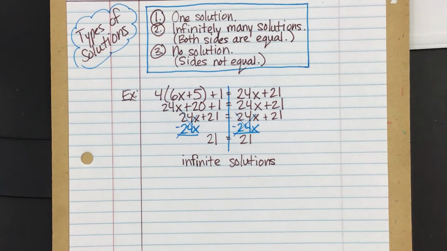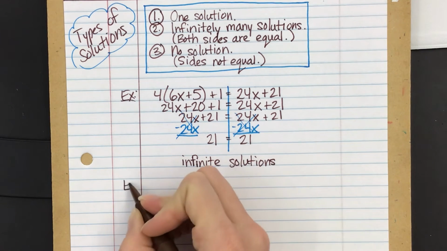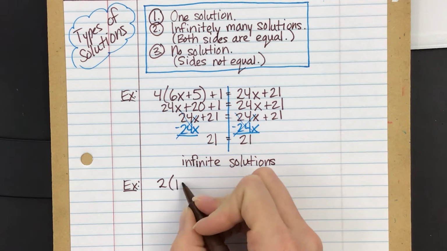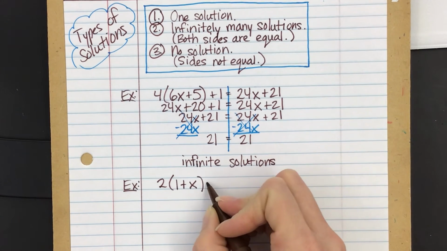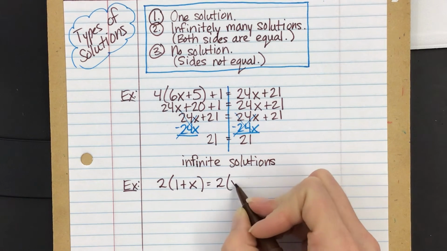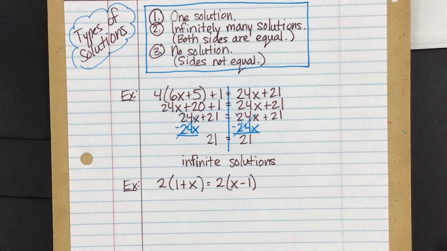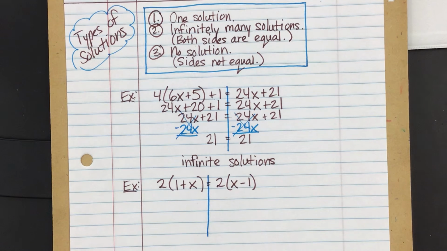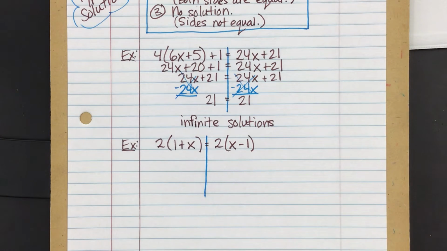Okay, let's take a look at a situation where there are no solutions. I want you to see what this looks like. So our first step, these do look very similar, but let's just make sure we know what's happening here.